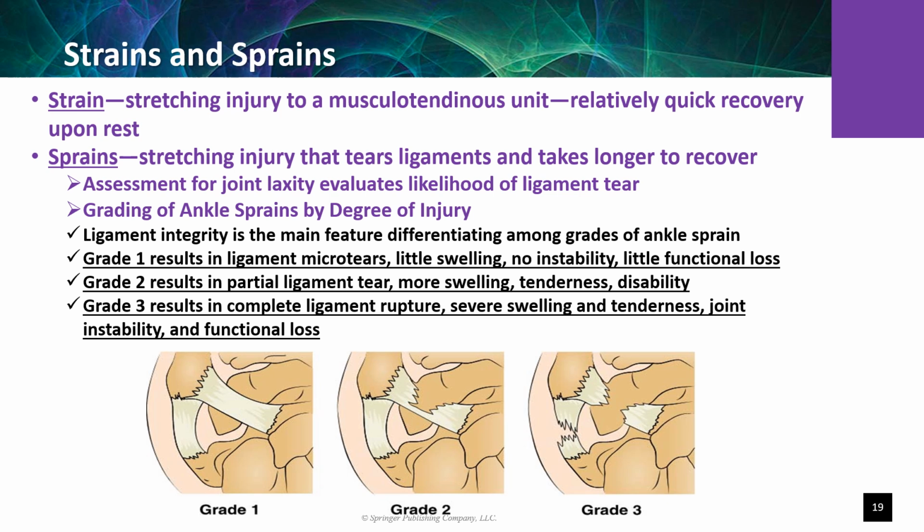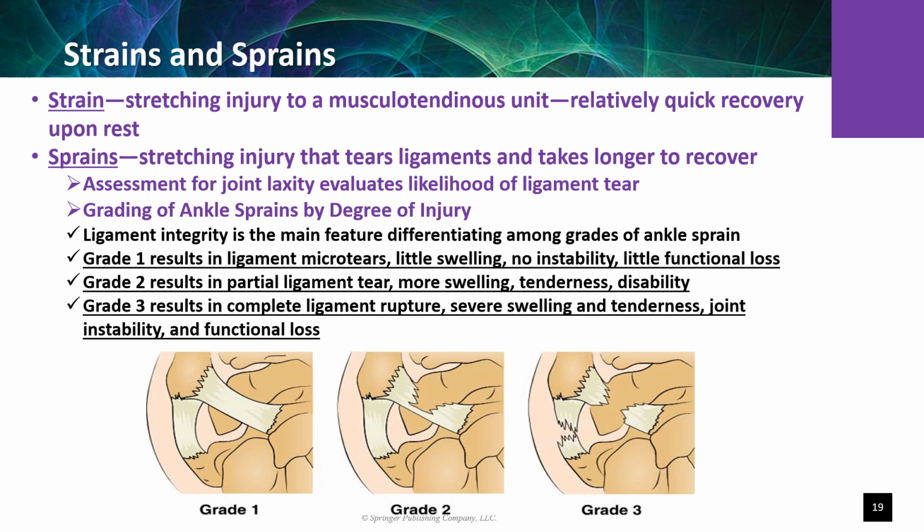Ankle sprains are the most common sports-associated injury. Ankle sprains are graded according to the amount of injury. In grade 1, the ligaments are stretched or slightly torn. In grade 2, the ligaments are partially torn.